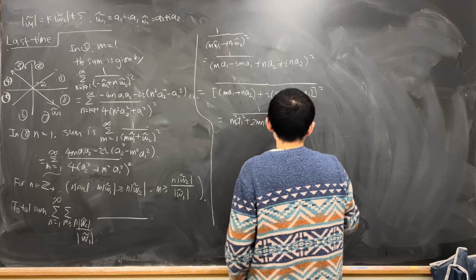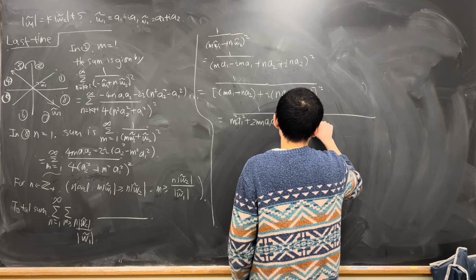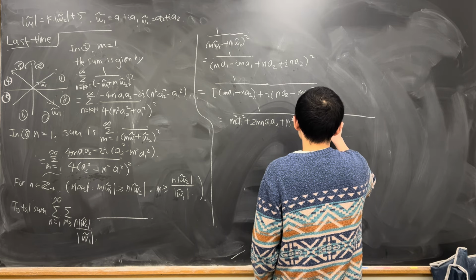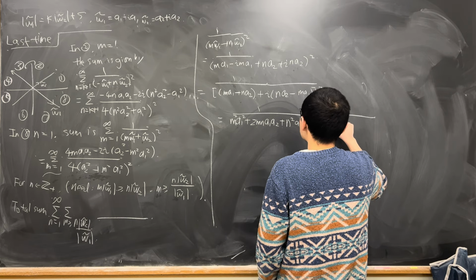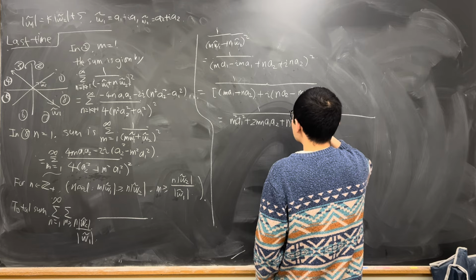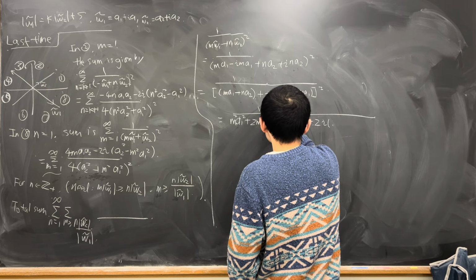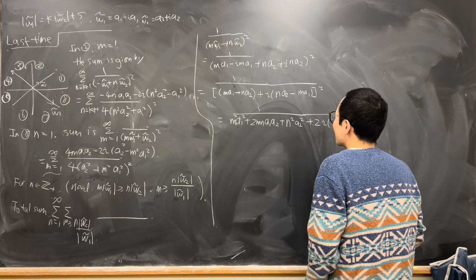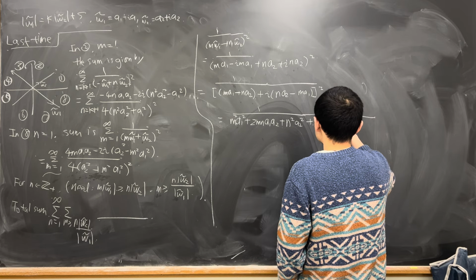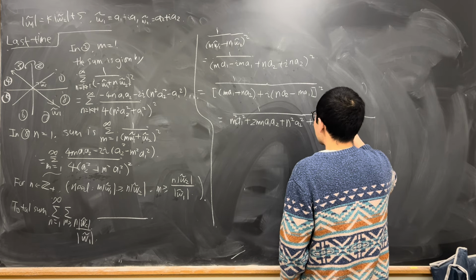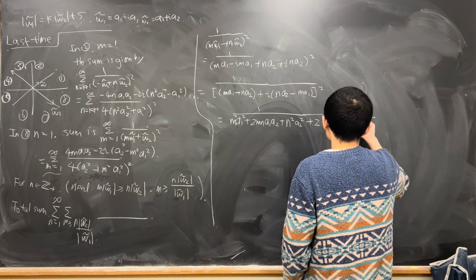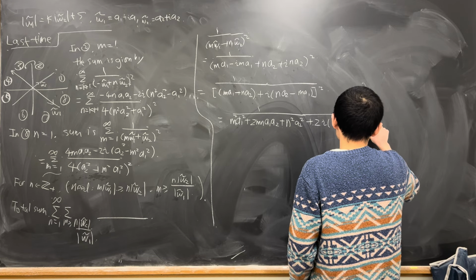Okay, so then plus 2i times. Okay, so this is like a perfect square term, right? So let's see, n squared A2 squared minus m squared A1 squared.